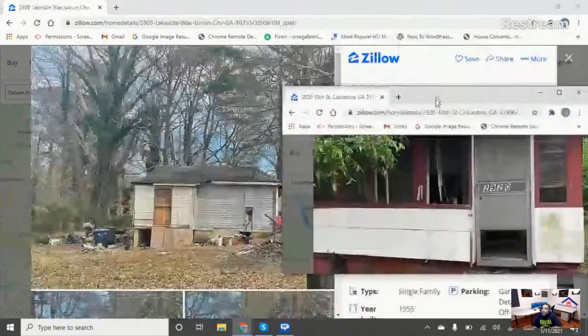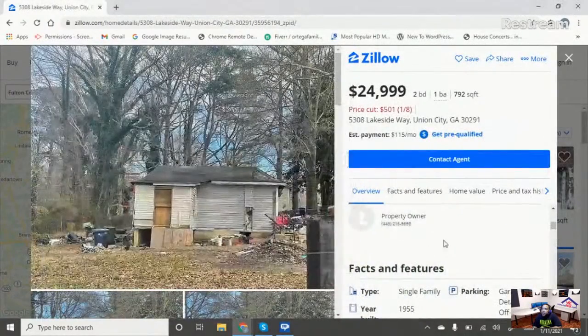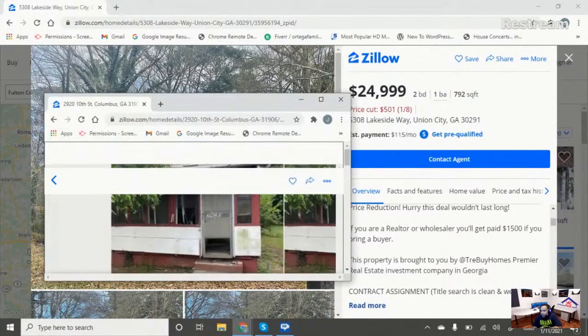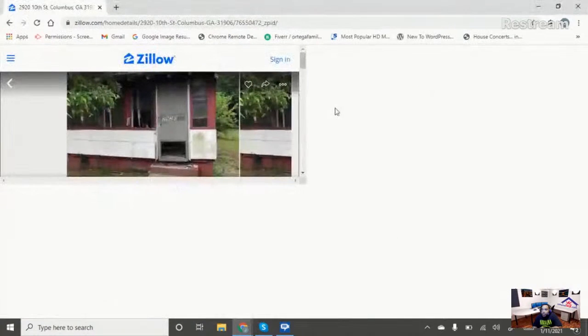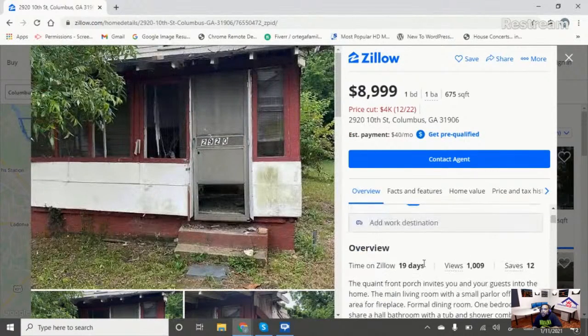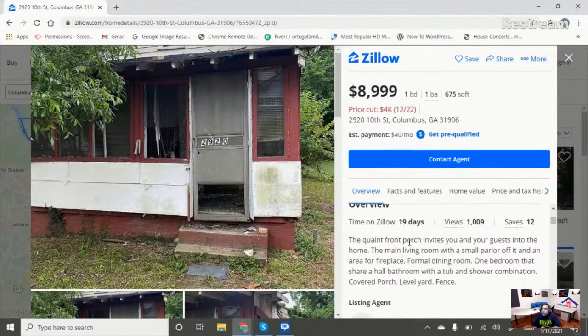If you look at the difference between the language on this post and the language on this post, they're completely different. This one, I can tell this is a seller actually selling the property. The seller is going to talk about how great the home is, and the updates that he just did to the home or the neighborhood.